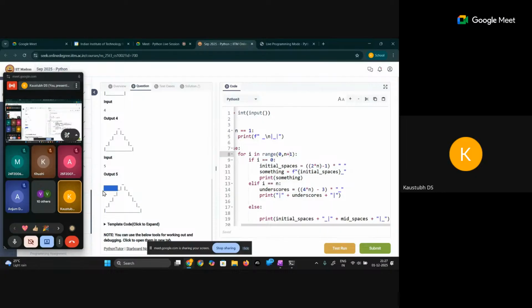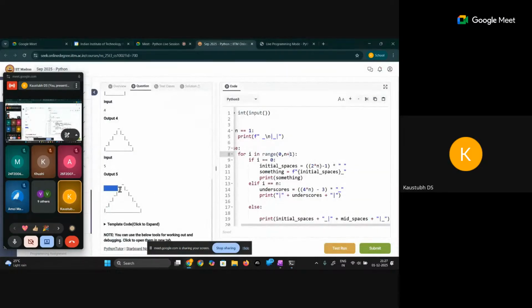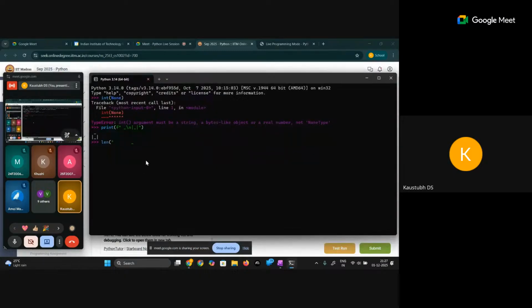This one. Okay, how many are these? I'll just use the len function here. Len of... okay, I think I can't print. Yeah, I'll take this, copy. So we have 7 spaces right here. Nice.